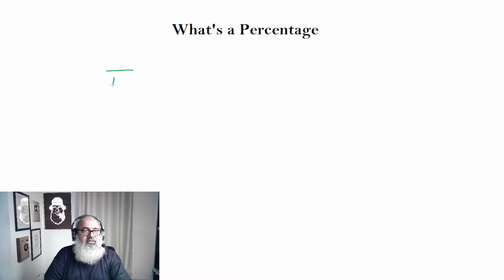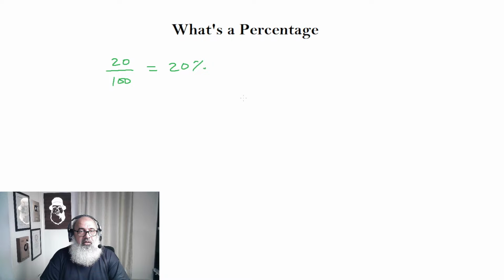If there is a fraction where the denominator is 100, let's say 20 over 100 or 20 hundredths, this is 20%. We can also call it 20 out of 100. So if there are 100 people, 20 out of those people are 20% of that group.